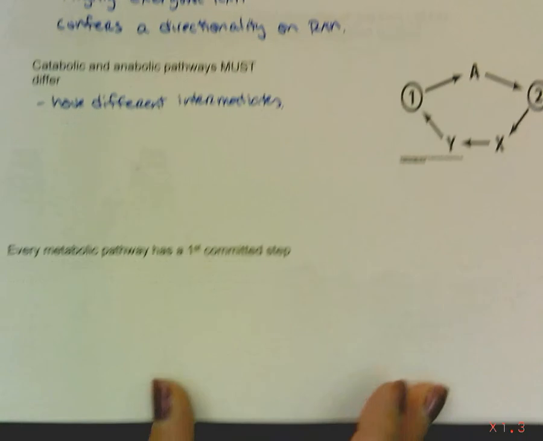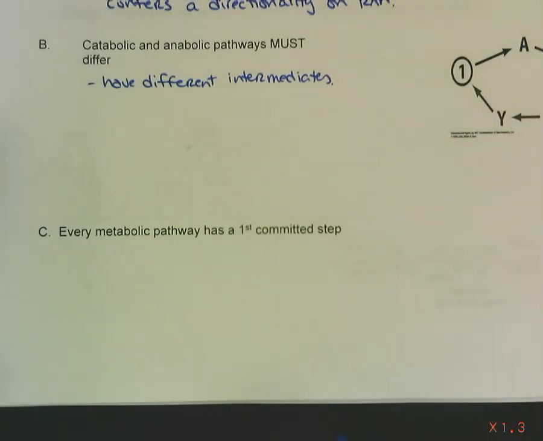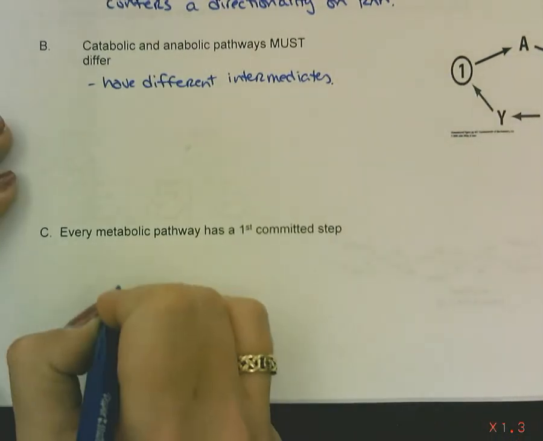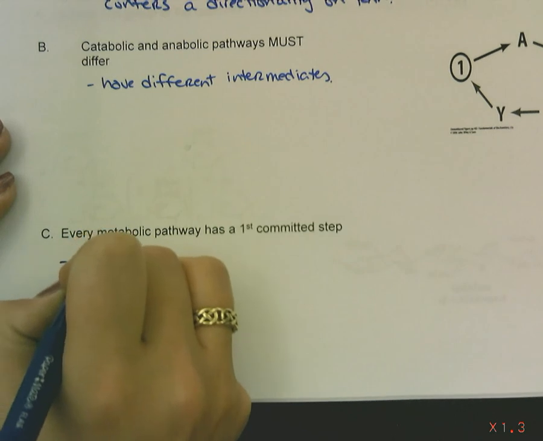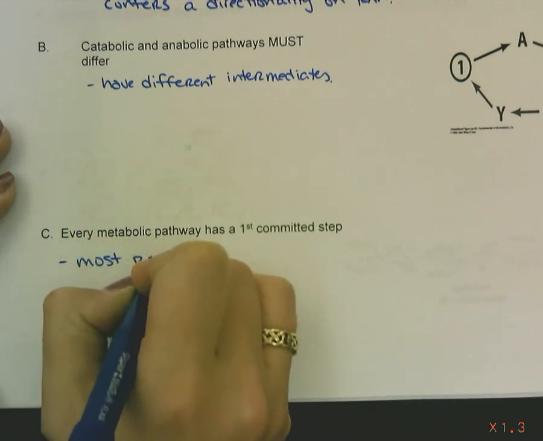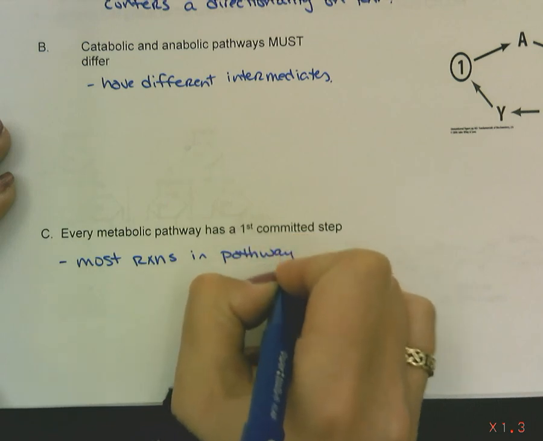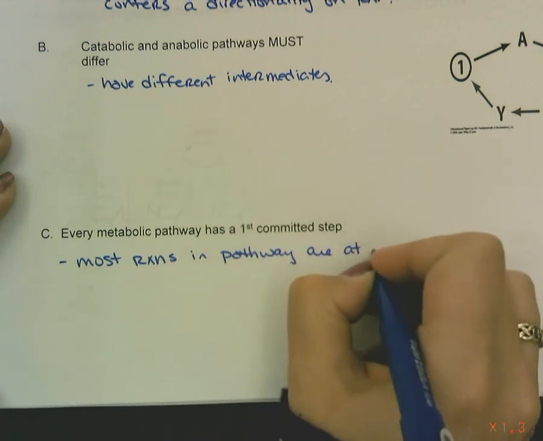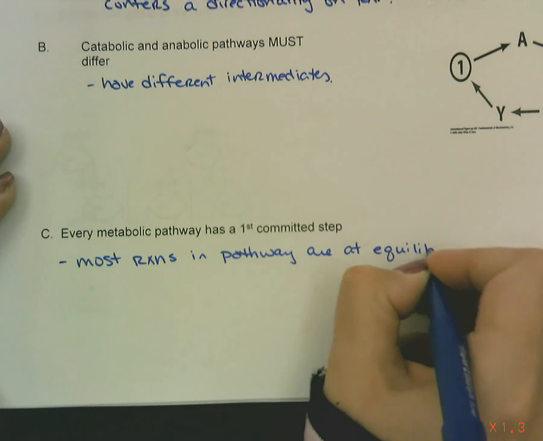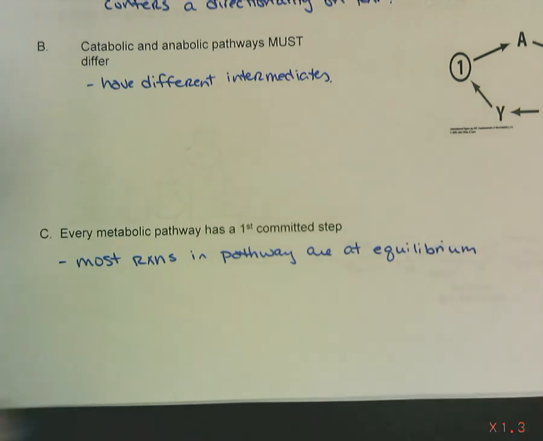And finally, every metabolic pathway has a first committed step. As we'll see, starting Wednesday, most reactions in our pathway are at equilibrium. Their delta G is 0.